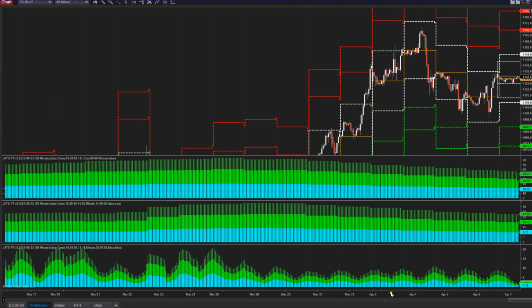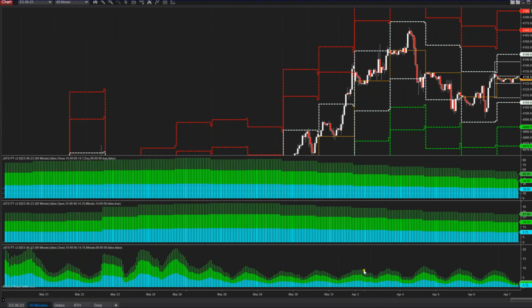If the slope is going down, like April 2nd, April 4th, April 5th, the range goes down. Every day, range goes down during this period.